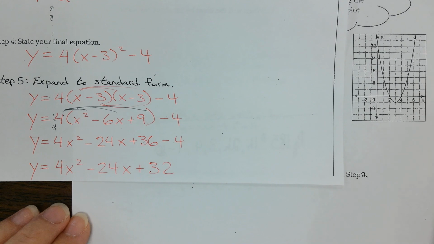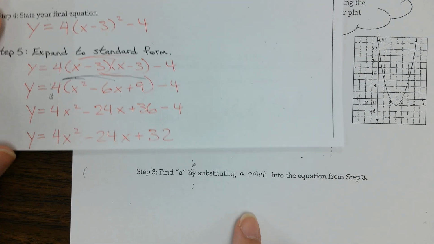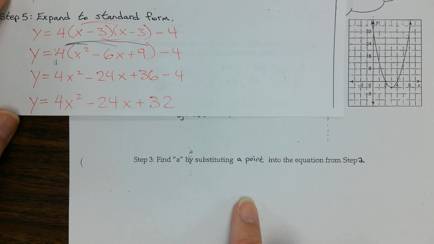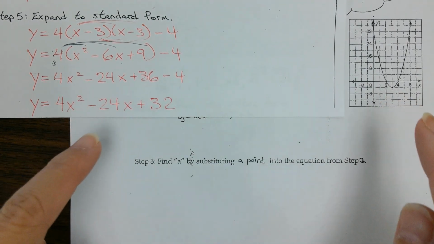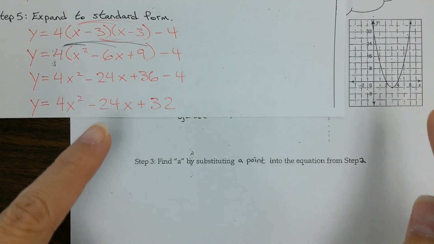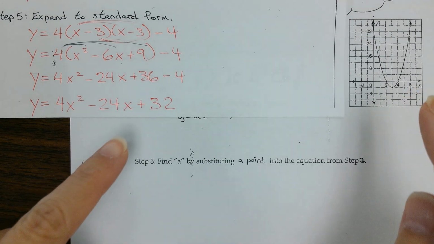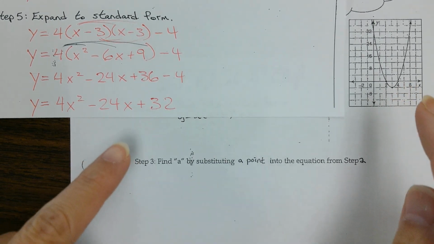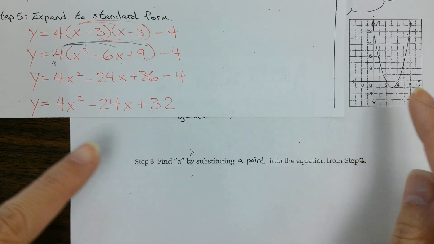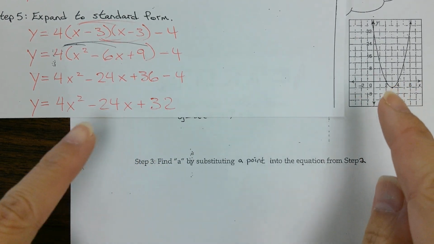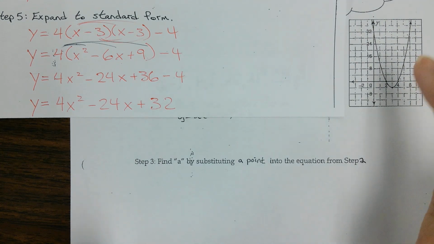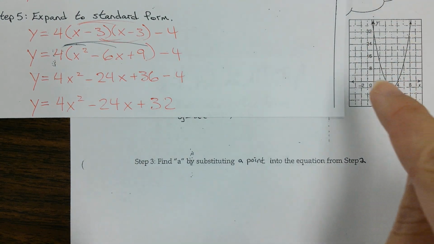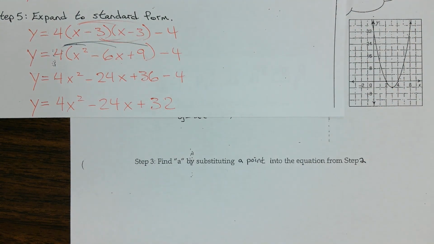So in standard form, what do you notice? What connection do you see from here and here? Any wild guesses? Anything in particular stands out?